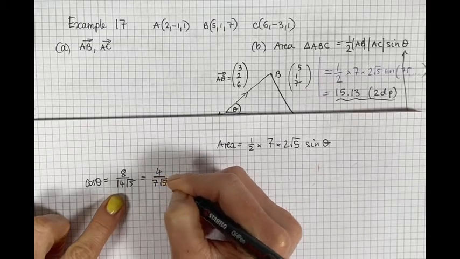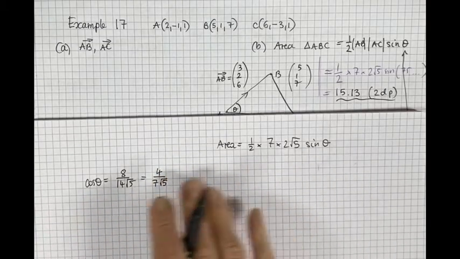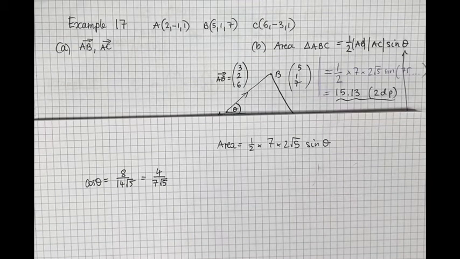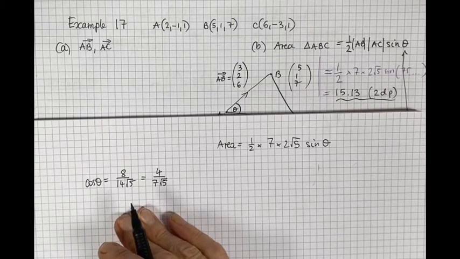So we're going to assume theta is an acute angle because it's positive, and for a triangle it can only be acute in this situation, otherwise it's bigger than 270, so that's no good anyway.